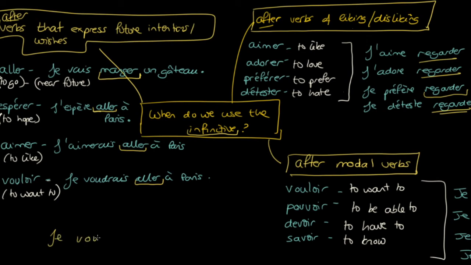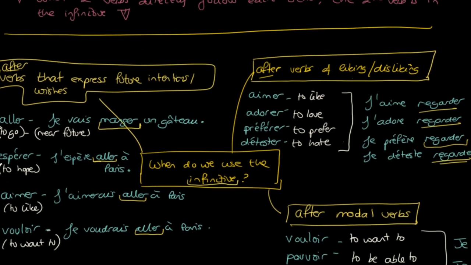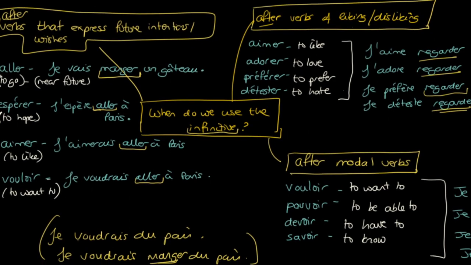So manger here in the infinitive. I would like to eat some bread. Okay, so it's only if we've got two verbs that we need to worry about the second one, and ensure that in these instances it is in the infinitive.